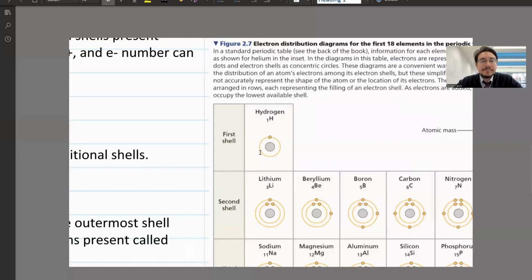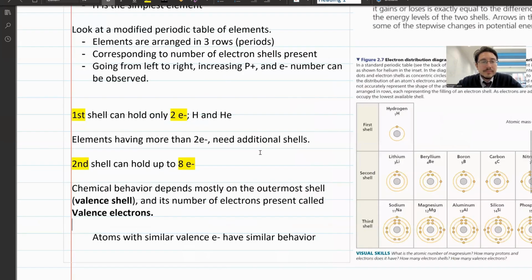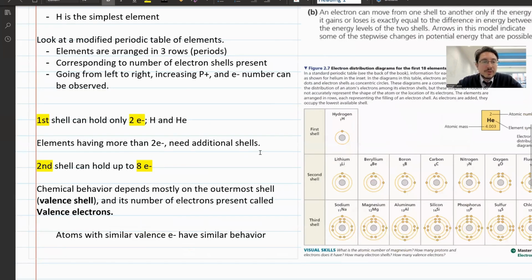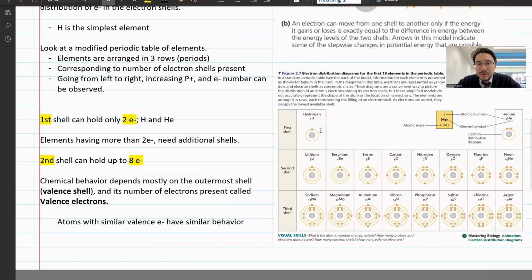Okay. So just to zoom out a little bit here. In this little visual, this is a modified periodic table. As you're reading from left to right, you're seeing an increase in atomic number, and an increase in electrons that can be found in the electron shells.